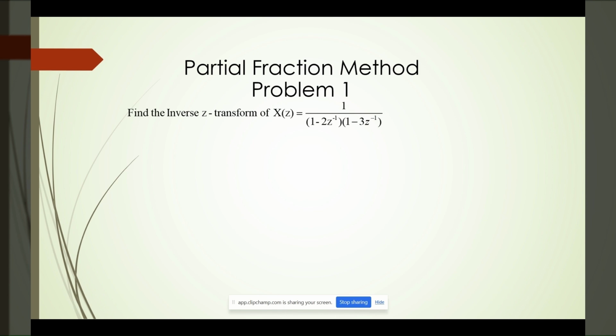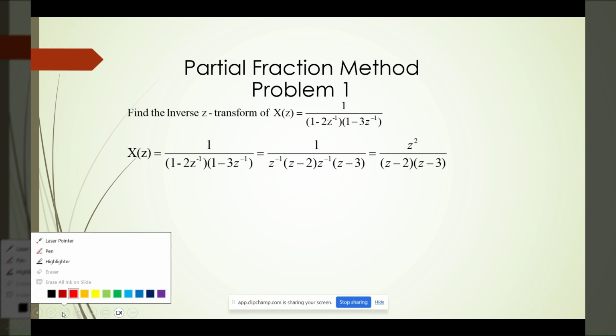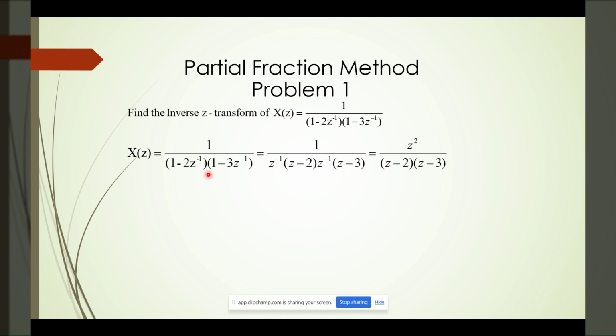So here the function has a denominator that can be factored into two: 1 minus 2 z inverse gives one factor, and 1 minus 3 z inverse gives the next factor. To handle this, the first step is to multiply both the numerator and denominator by the maximum power, here z power minus 2.